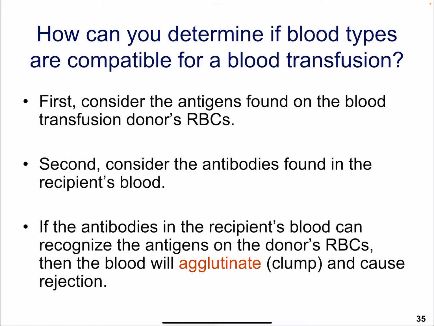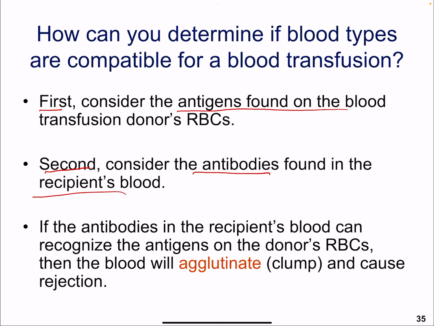When you want to determine a blood type before blood transfusion for compatibility, first consider the antigens found on the donor surface. Second, consider the antibodies that are found or that could be found in the recipient.